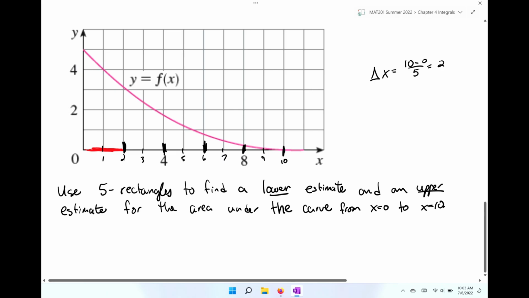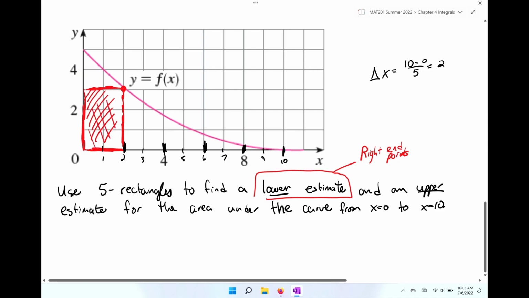So a lower estimate means right endpoints. Let me write that here. And the reason why I know it's going to be right endpoints is because since my delta x is 2, I want all of my rectangles to be below the curve.